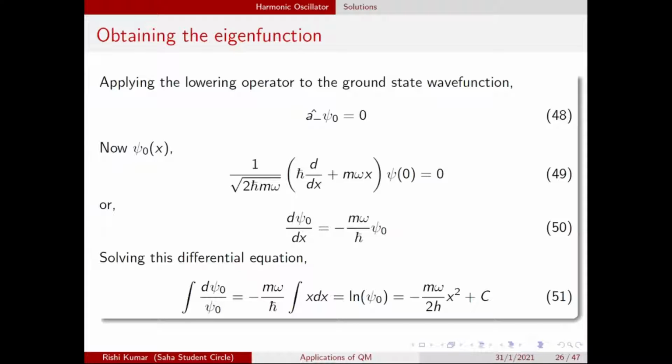So I can't be explicitly deriving it, and you're free to derive this relation if you want to. Same thing as I said before: if you solve this differential equation, it is something trivial. You can just integrate on both sides, and you get ln psi of 0 equals negative m omega by h bar, x squared by 2, plus c.